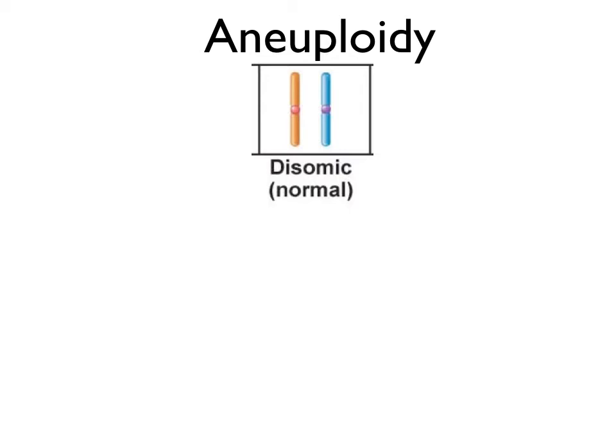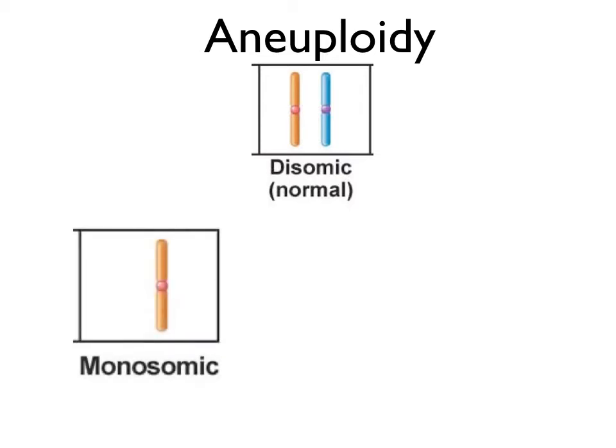And let's ignore the 23rd pair, the sex-determining chromosomes, focus on the other 22. Right? These were given to you by your parents, and you have 2 of each. You are disomic, okay?